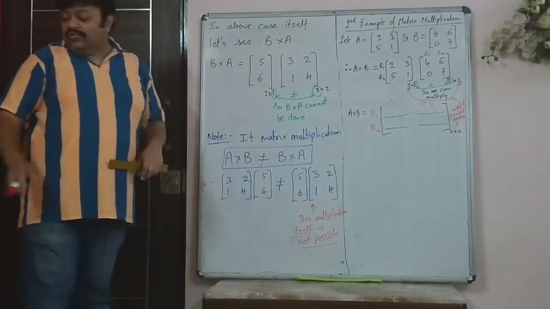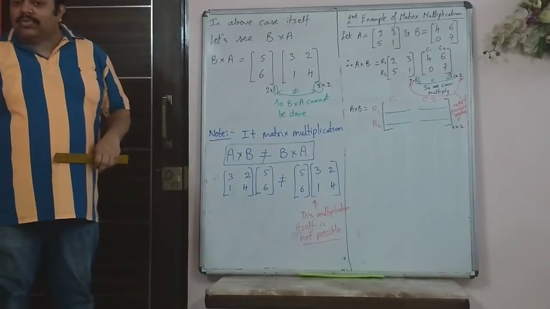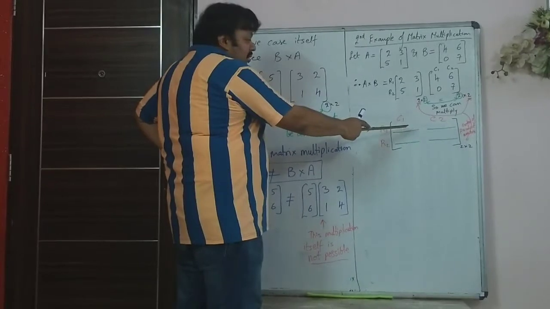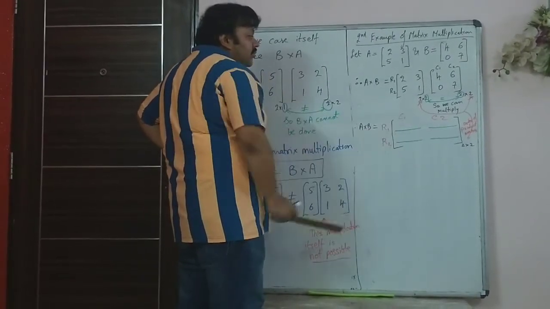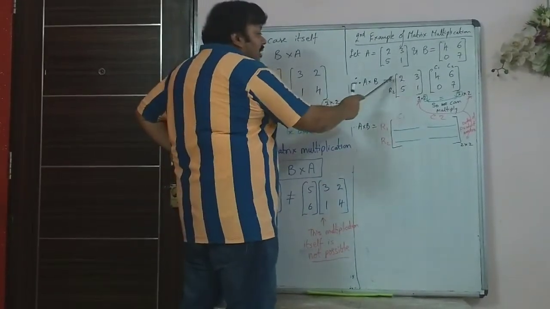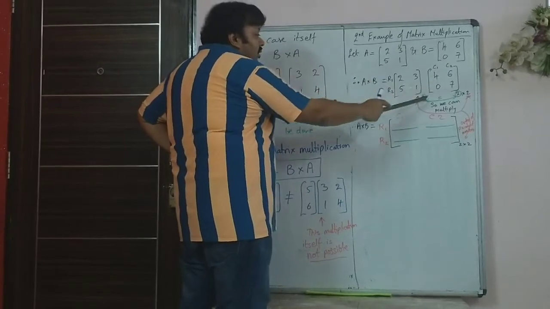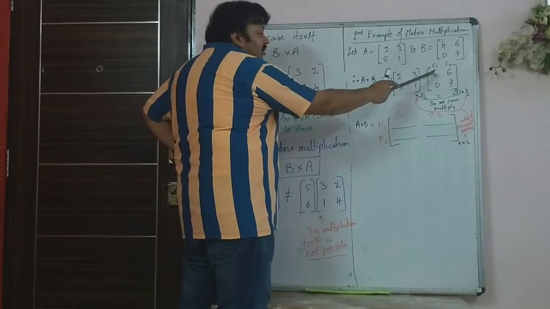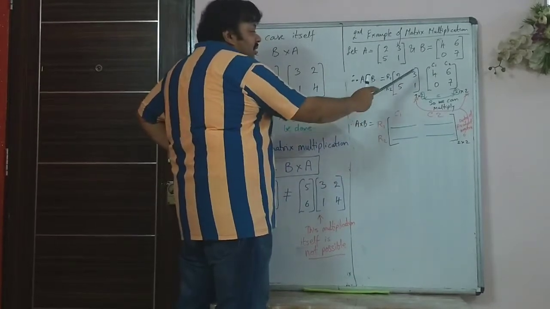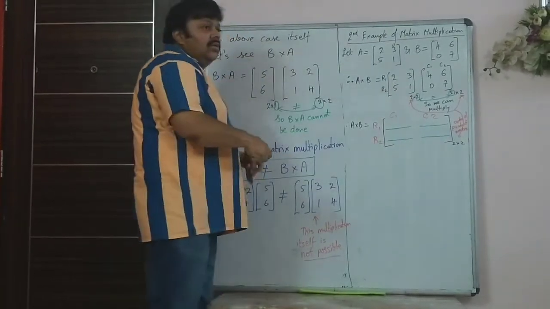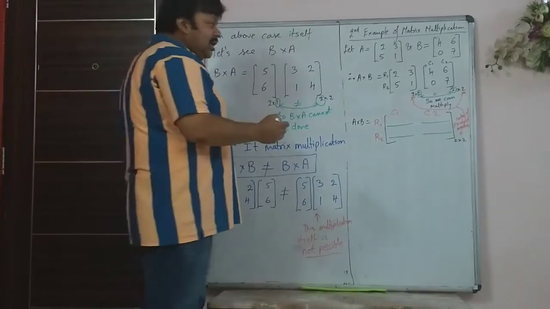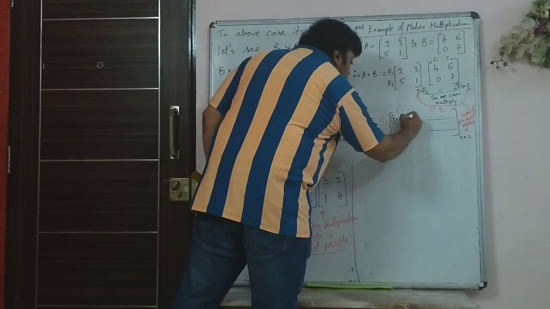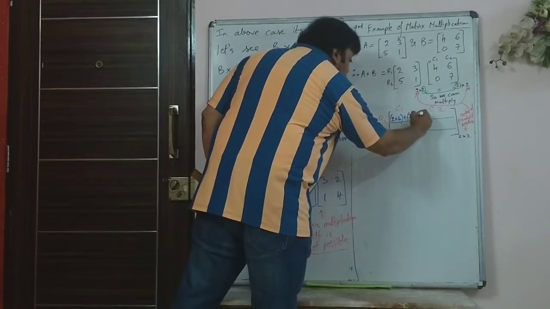Now we have to multiply with the correct position. Which seat number is this? This is row 1, column 1. So here I will have to do the multiplication of row 1 with column 1: 2 into 4, first element with first element, plus 3 into 0. So I am writing here 2 into 4 plus 3 into 0.